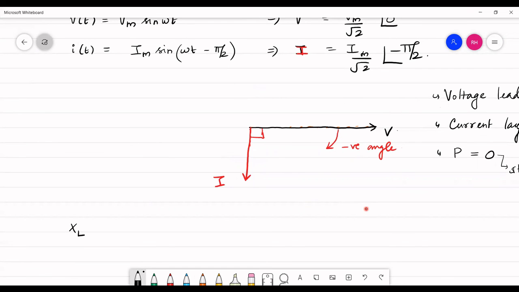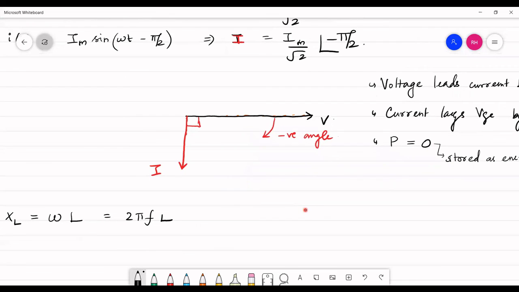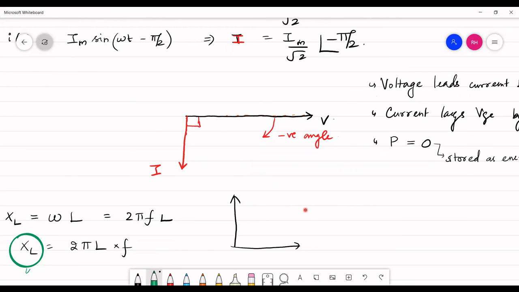And during derivation, we derived XL to be equal to omega L, where omega is equal to 2 pi F. So XL is 2 pi L into F. Let us see the variation of XL with respect to frequency. If we make this Y and this X, it is of the form Y is equal to mx, which is a straight line passing through the origin.